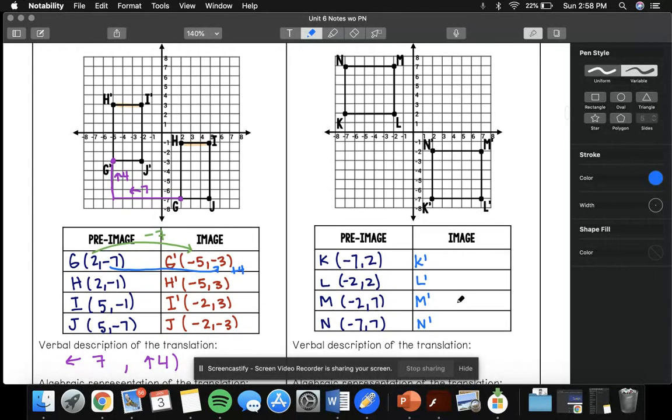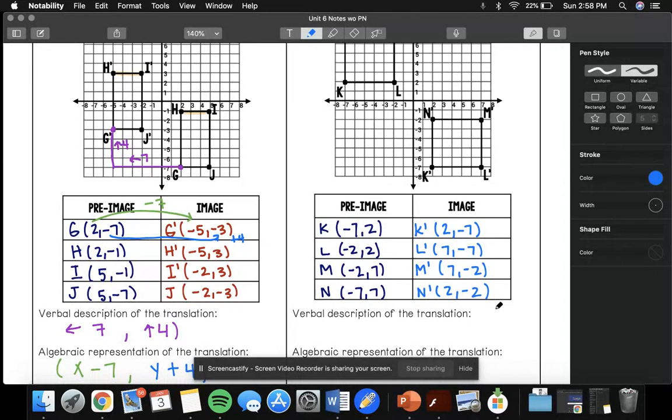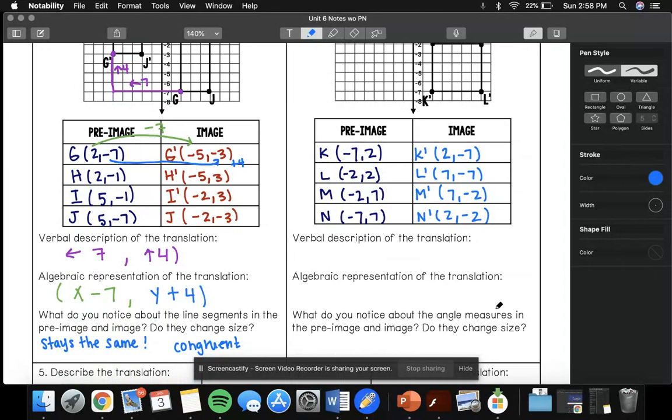K prime, we have 2, negative 7. L prime, we have 7, negative 7. M prime, we have 7, negative 2. N prime, we have 2, negative 2. Okay, so if you missed any of those, just go ahead and erase it and rewrite those.